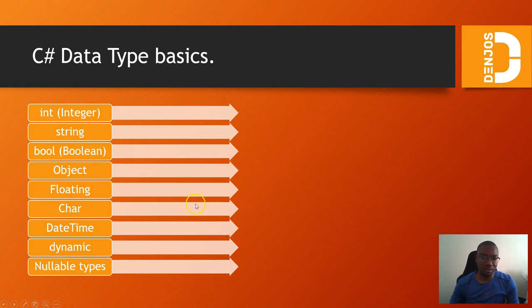The data type basics includes int, pronounced as integer, string, bool, pronounced as boolean, object, floating, char, date, time, dynamic, and finally nullable types. More of this we'll be discussing in codes, but I will be starting with int and the string and boolean, of course, down to objects.